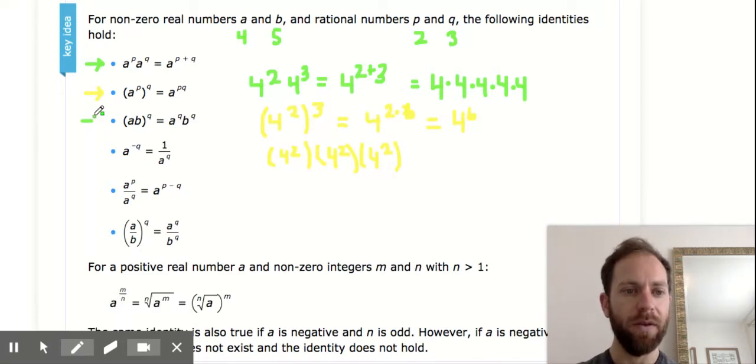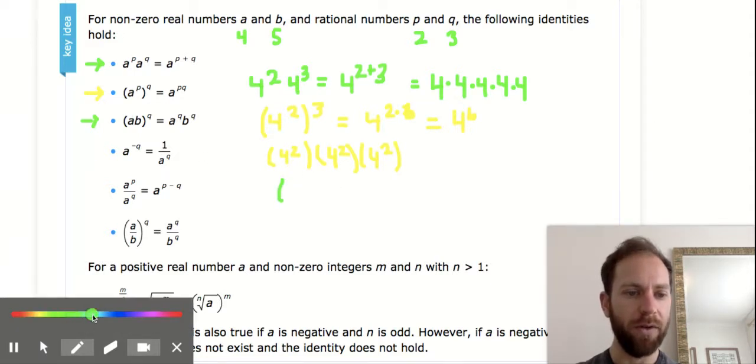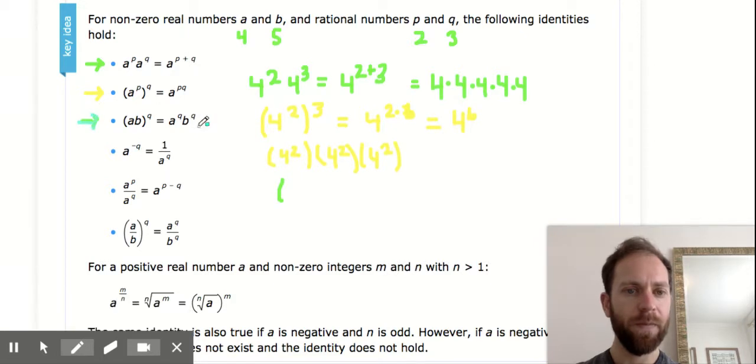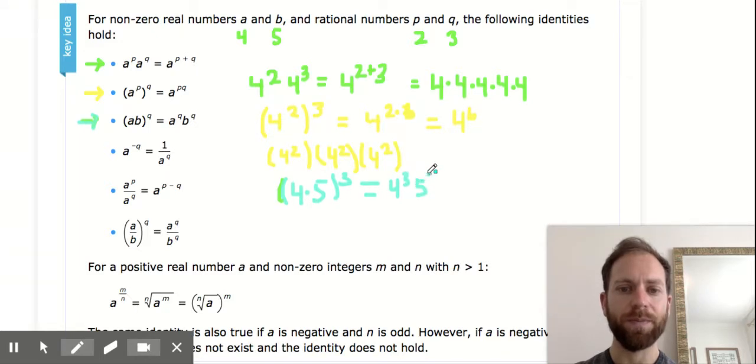Let's look at the third property, AB. So AB, in our case, 4 and 5, are next to each other, being multiplied, to the power of Q, which is 3 in this case. It's saying that that's the same thing as A to the power of Q times B to the power of Q. Let's think about this. 4 times 5 is 20. 20 times 20 times 20 would be 8 and then the 3 zeros, 8,000.